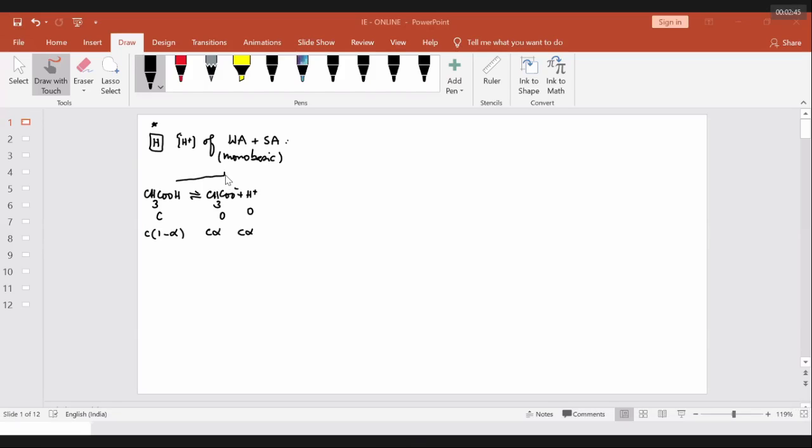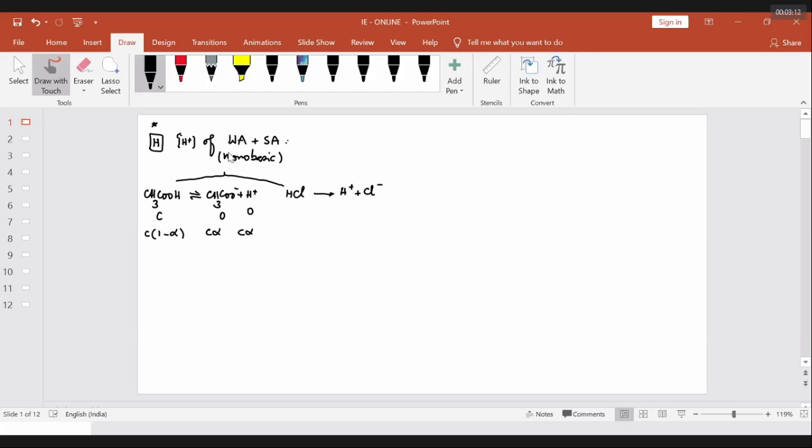Our discussion is, suppose there is a container in which we have strong acid HCl, and it is dissociating. Since it is a strong acid, it is supposed to be completely ionized. Therefore, we draw an irreversible reaction, forming H plus ion and Cl minus ion.